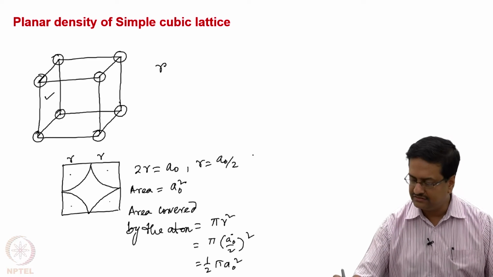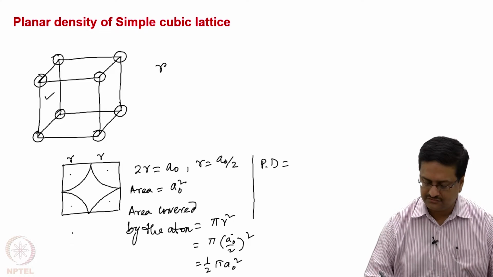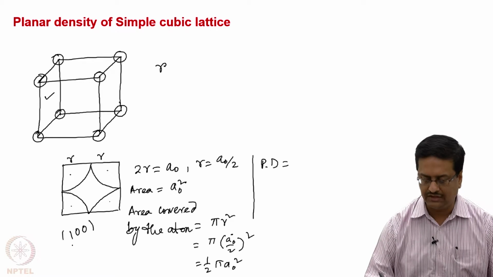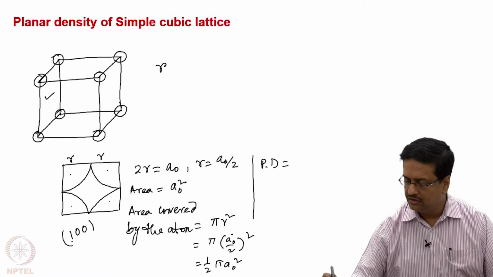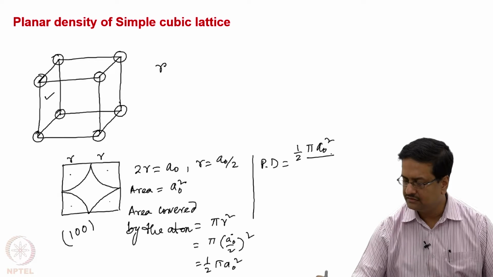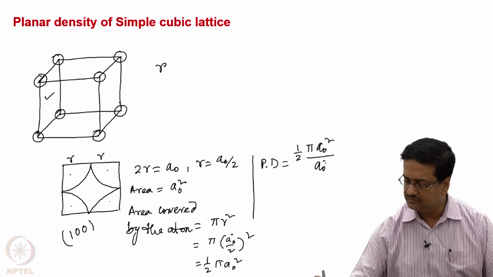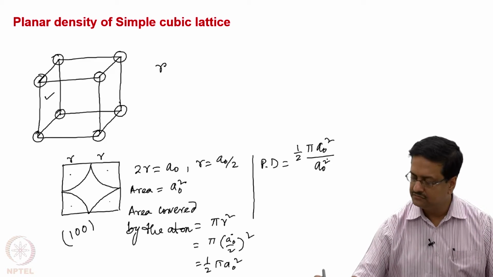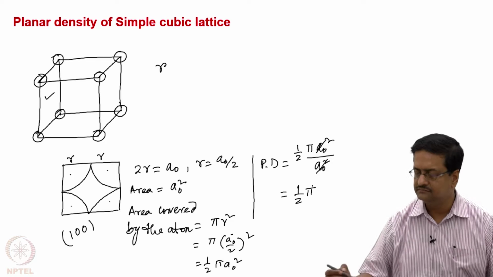So the planar density for this 1, 0, 0 set of planes, which are the faces, would be the area covered by the atoms divided by a0 square, which is pi by 4.